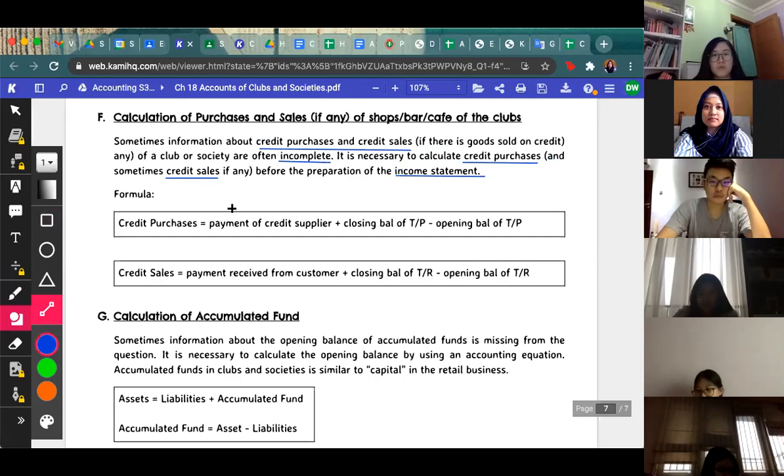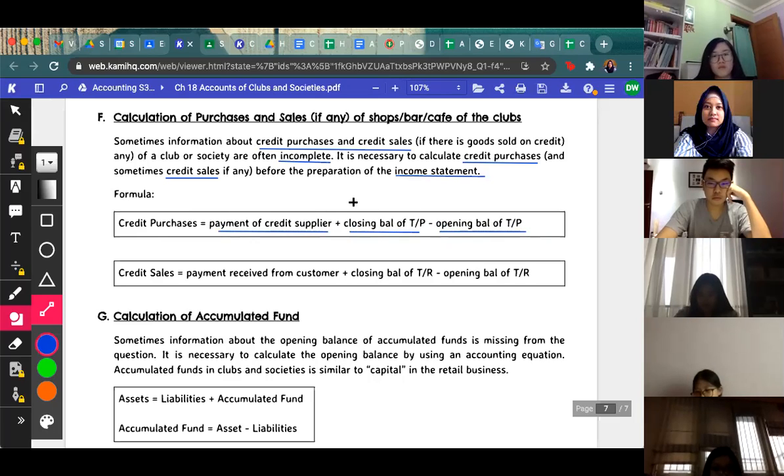So how are you going to do that? Remember, for credit purchases, missing information, go back to the incomplete records part where you are trying to find credit purchases. How to calculate credit purchases is by adding payment to credit suppliers with the closing balance of trade payables, or balance CD, and then minus the balance BD. As simple as that.